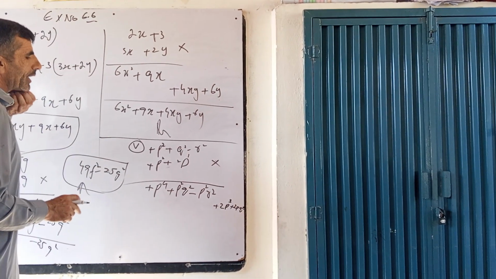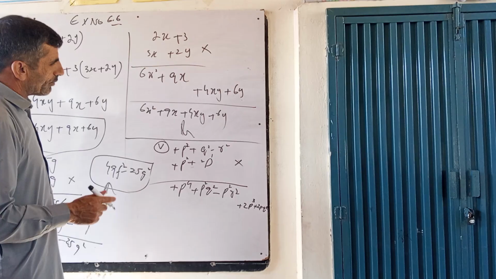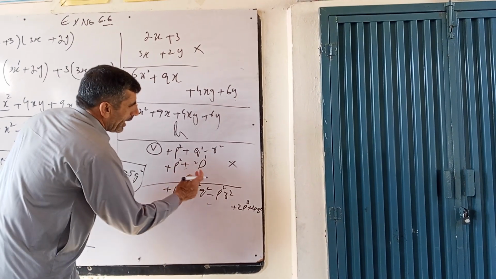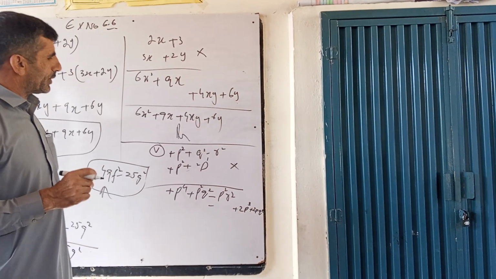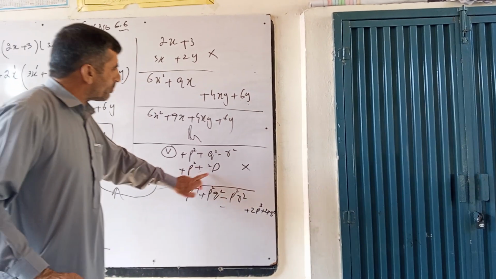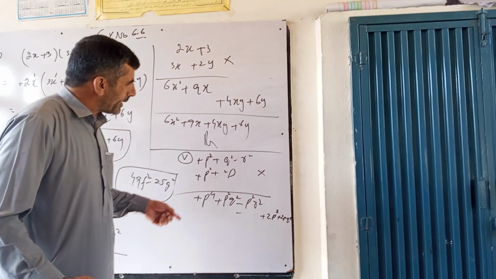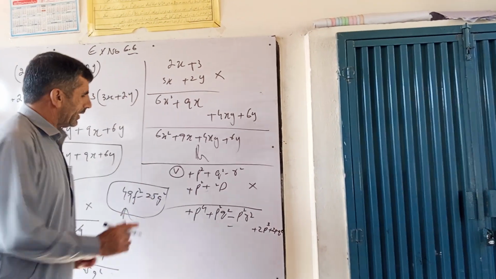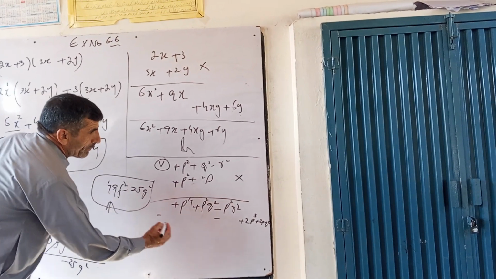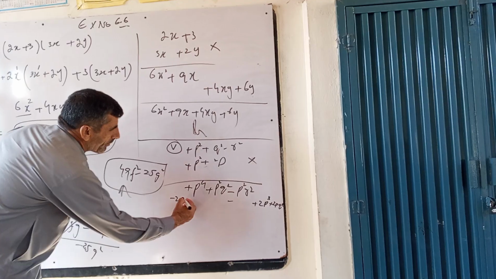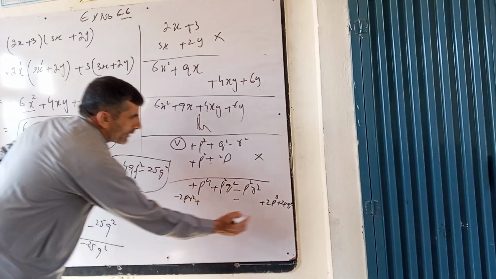P square and r square is present here, so it is 2p. So minus 2p r square. 2p r square is not present, so I shall write it in a separate space, it is equal to 2p r square and it is minus.